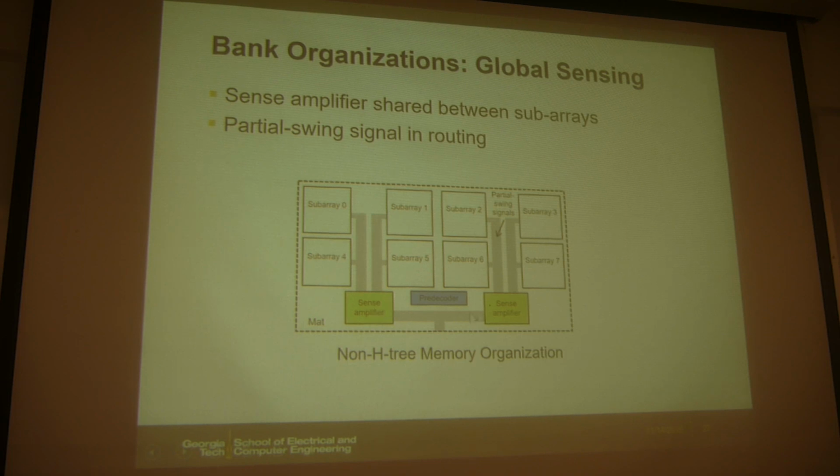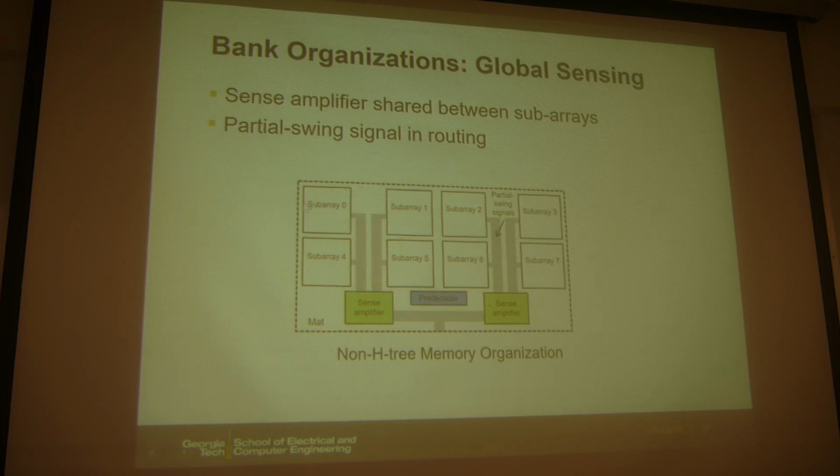Then in the wire from the subarray, you are actually using a partial swing signal. That means those are still analog signals, like delta V, a small signal. The sense amp converts analog to digital, right? So before the sense amp, the wires carry the partial swing signal, and after the sense amp, you convert to digital.